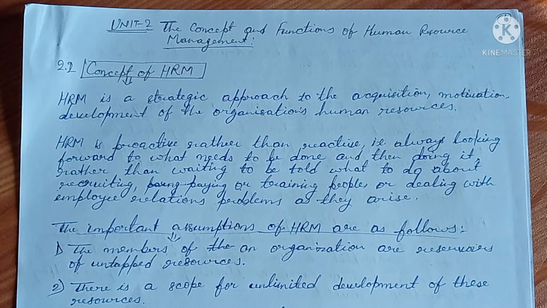Proactive means taking decisions by carefully observing the people working in the organization, then deciding what steps to be taken, and taking decisions for the better improvement of the people working in the organization.